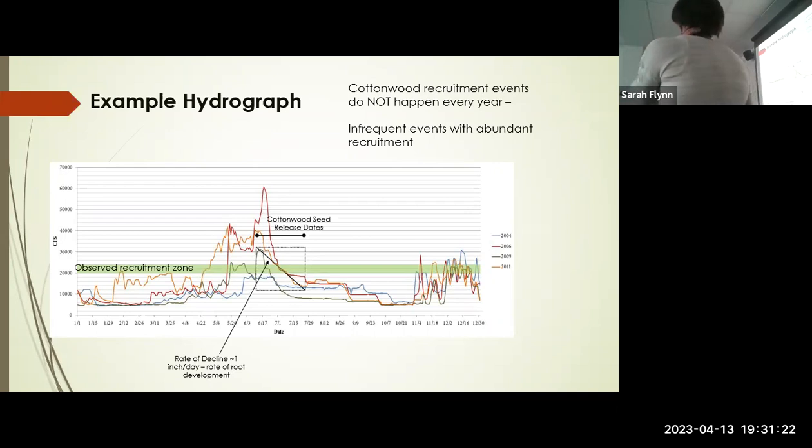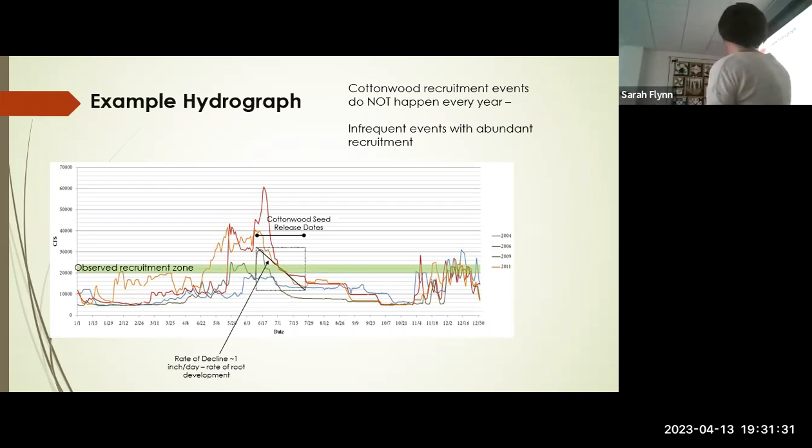But one thing that's really important is that these are infrequent events. They don't happen every year. As you can see, there's several of these lines where they don't quite hit the timeline or the elevation for when those seeds are released. But the cool thing about cottonwoods is that they release a ton of seed. They're end producers.